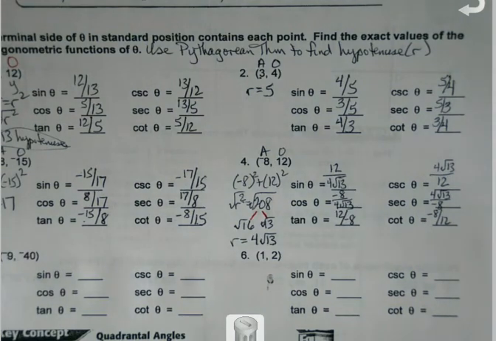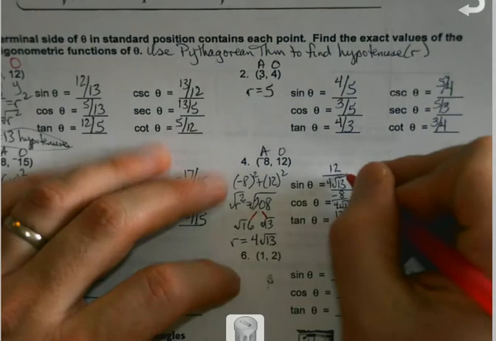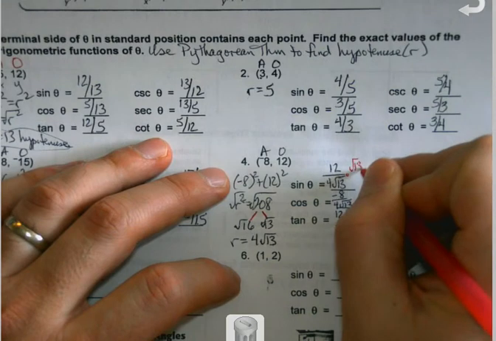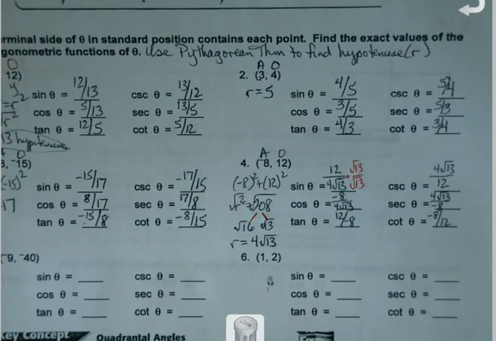So right now, all 6 of my trig functions have one issue or another in reducing, as far as reducing goes. But 2 of them, sine and cosine, have the same problem, which is I can't have a radical in the denominator. So I have to rationalize it. So on those, reminder, rationalizing just means we're going to multiply the numerator and denominator by whatever that radical happens to be.